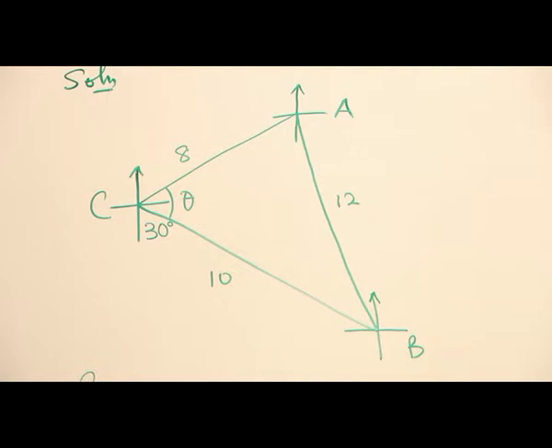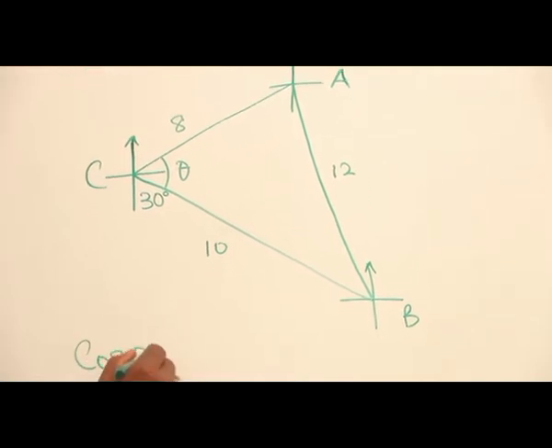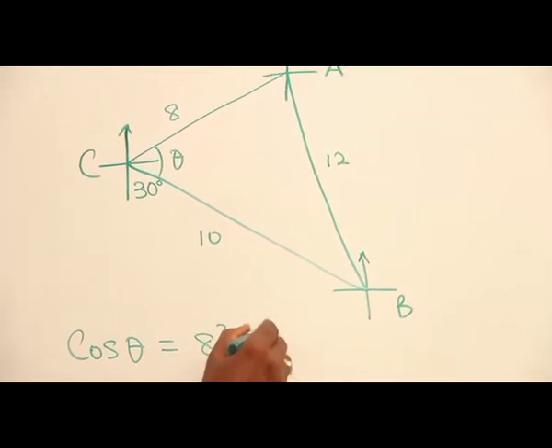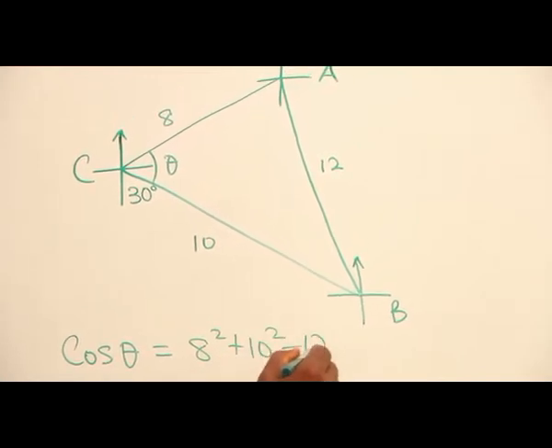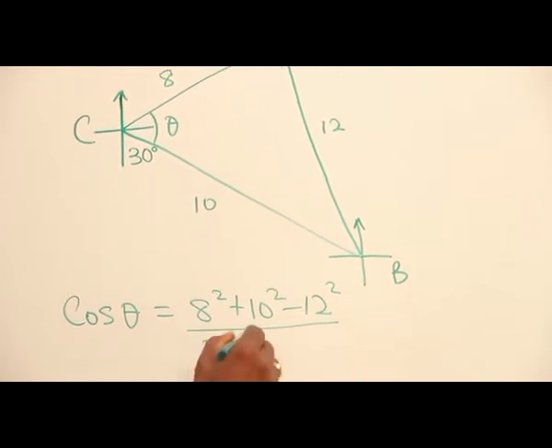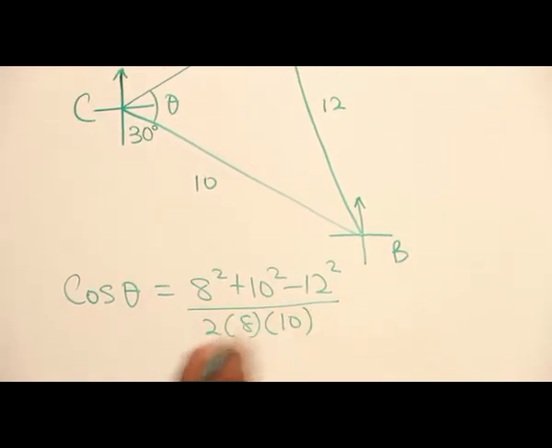So we go cos theta in this case is equal to 8 squared plus 10 squared minus 12 squared, and everything here all over 2 times 8 times 10.